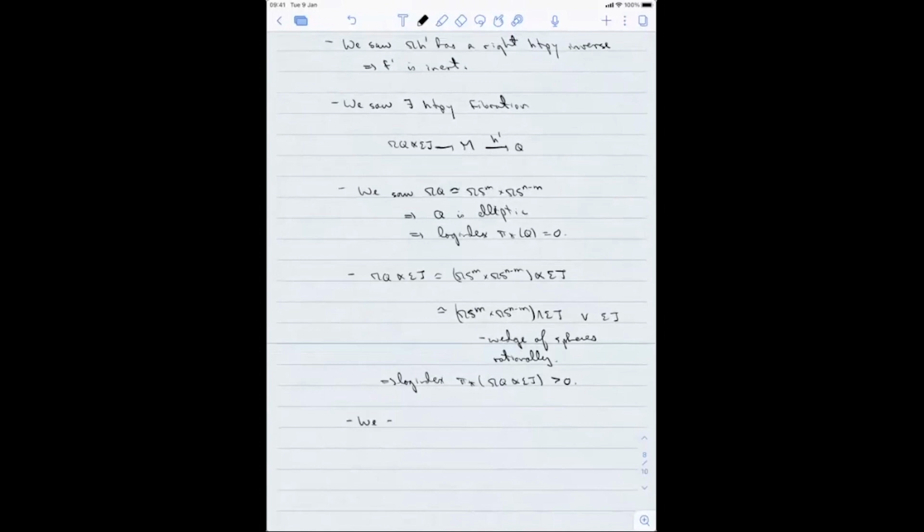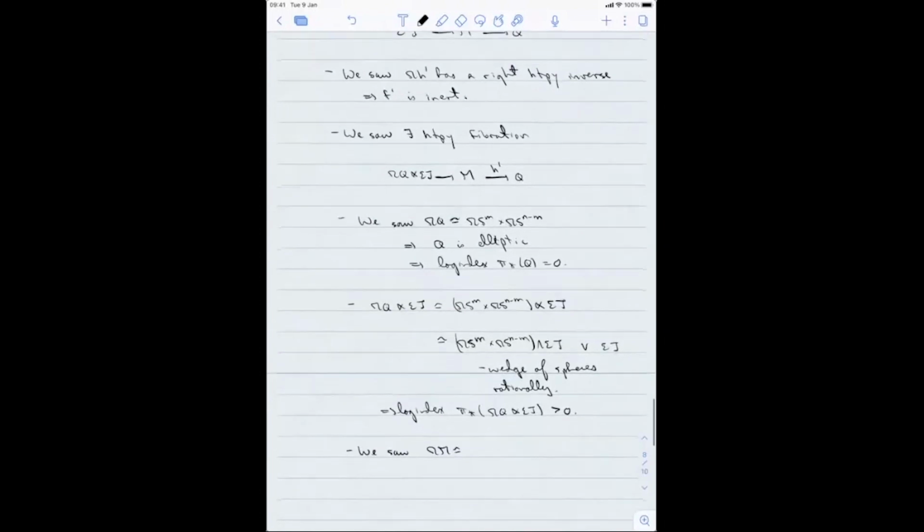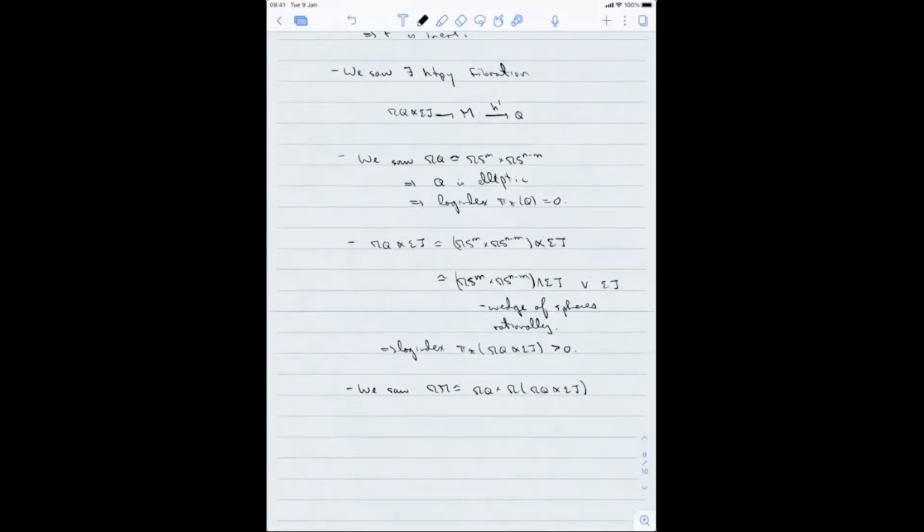We also saw that the loops on M, this fibration splits after looping. So loop M is loop Q cross the loops on loop Q half smash suspension J. So M has all the growth features that this space does. So in particular, its log index would be bigger than 0.